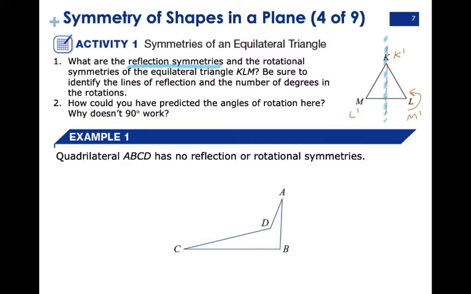And so here we could see that again, so our reflection here. This example one down here, this figure does not have any reflections or rotational symmetries. And just by looking at it, you could see that it does not have its symmetries there.